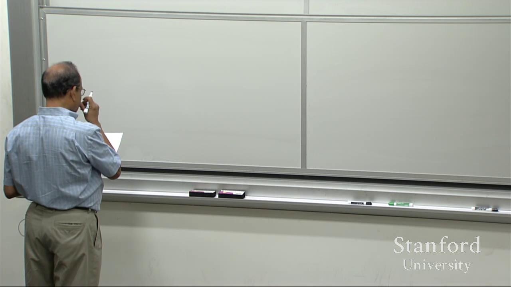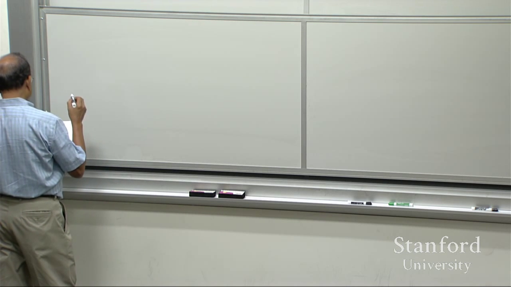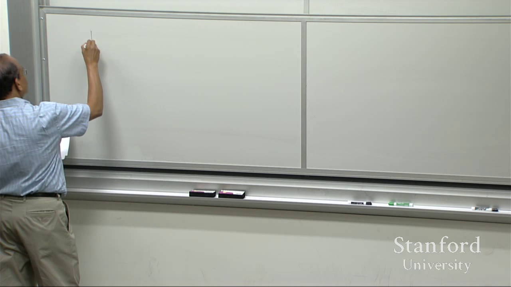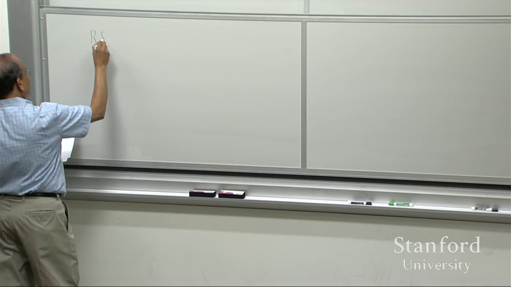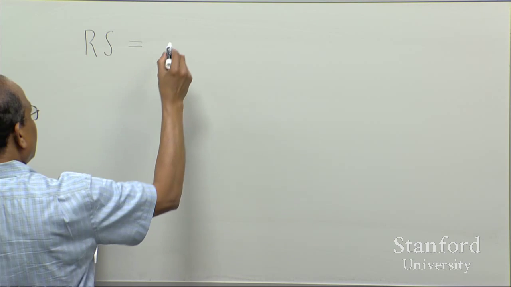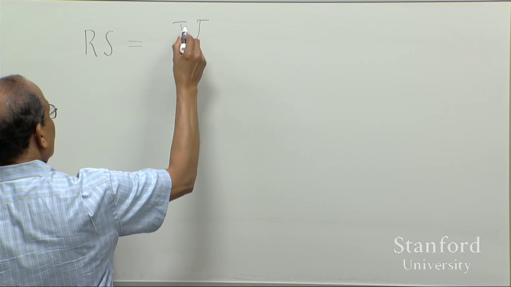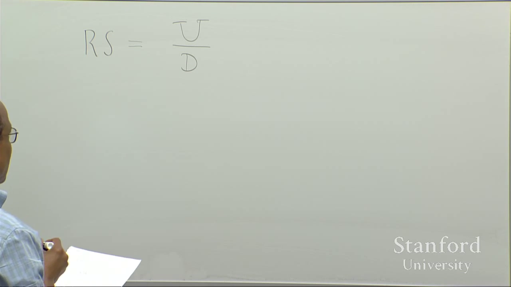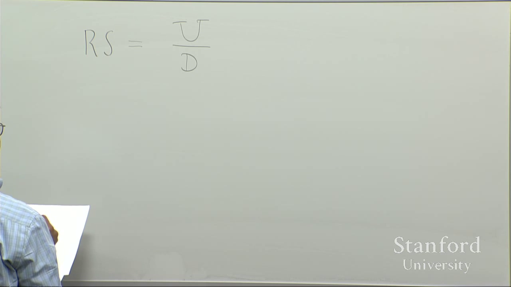There is a simple derivation that goes in here. So RS is supposed to be U over D. How many times it has gone up versus how many times it has gone down. Okay.